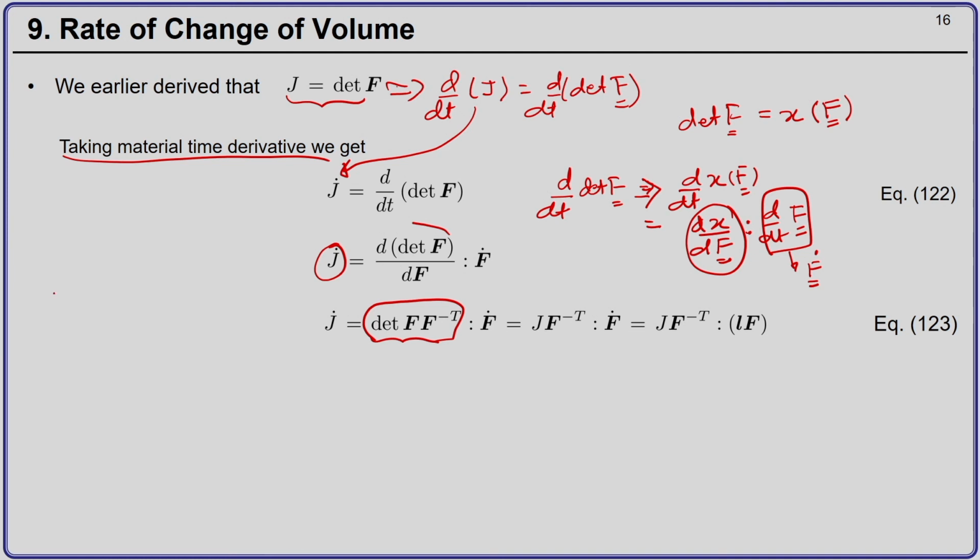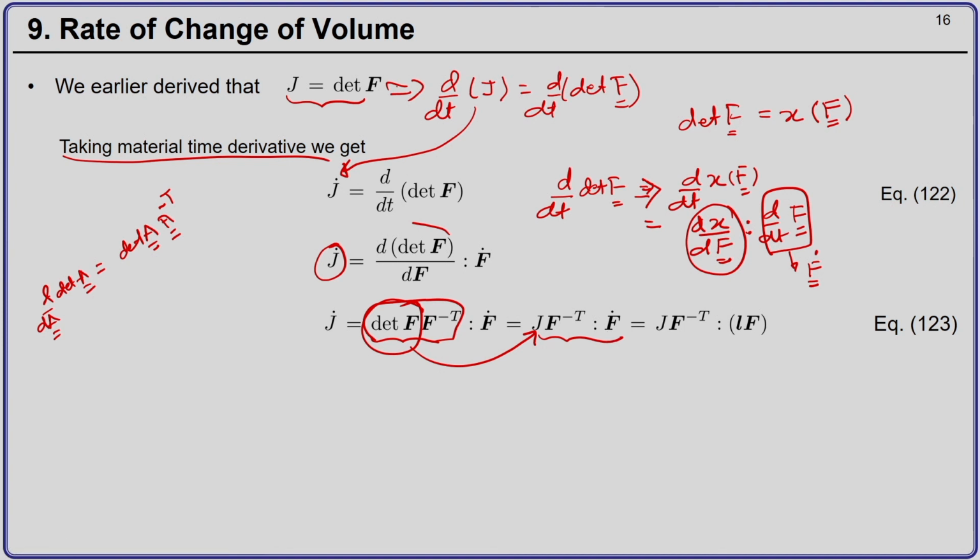So, d by dA of determinant of A, we showed, is nothing but determinant of A times A inverse transpose. This we had derived. The determinant of F is the Jacobian, so I can write this as Jacobian times F inverse transpose double contracted with F dot.